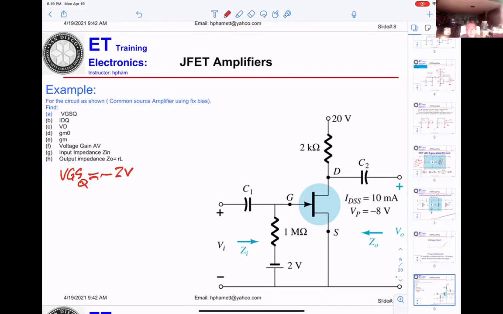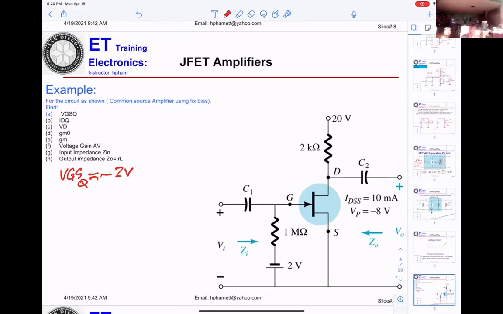The thing is VGS equals VG minus VS. VS equals 0. VG equals minus 2 volts. So VGS equals minus 2 volts.